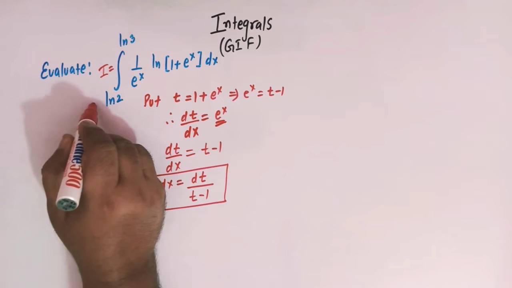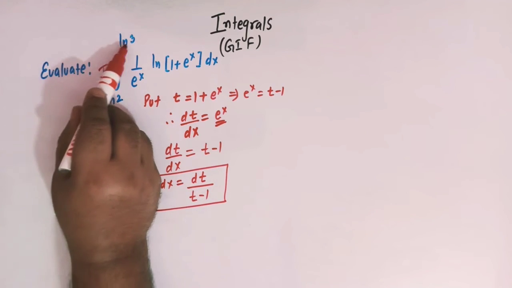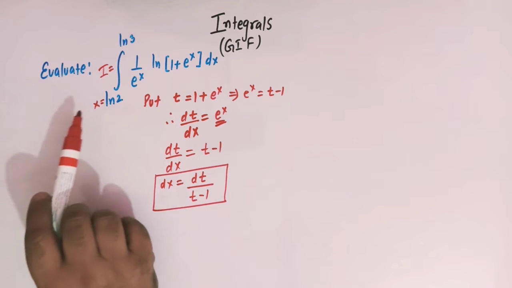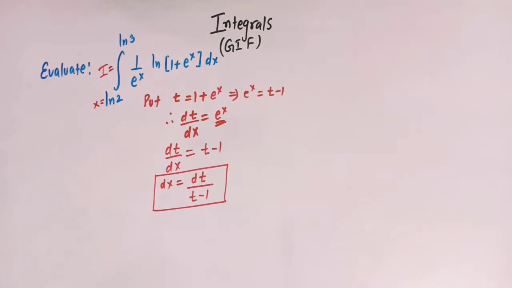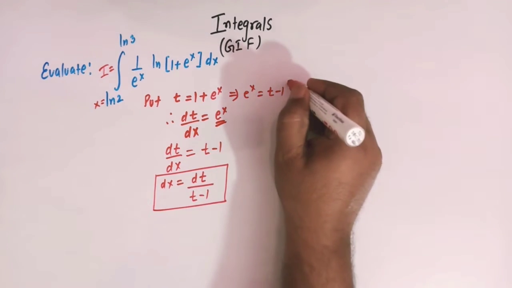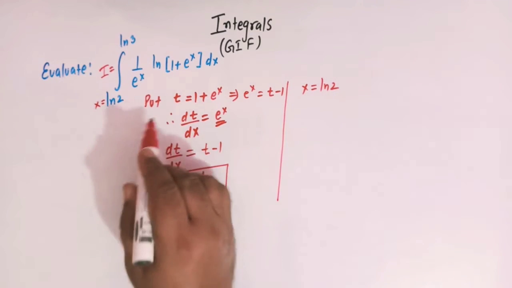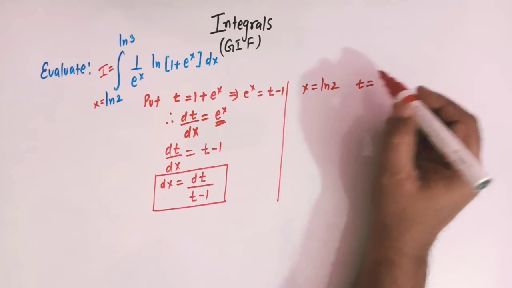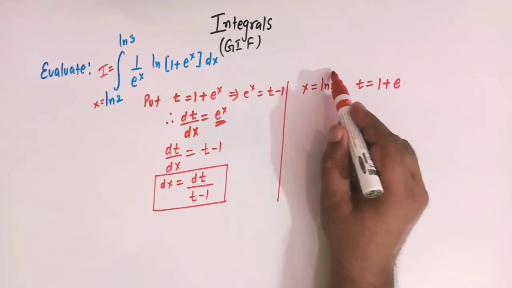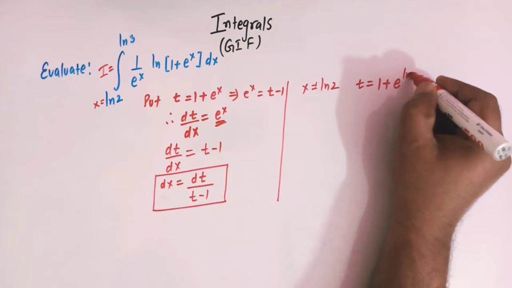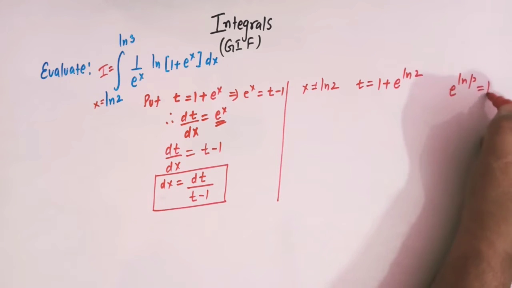Now the values of x vary from ln 2 to ln 3, so we'll convert these limits as we are converting this integral from variable x to variable t. So let us change the limits. When x is ln 2, t is 1 plus e raised to ln 2, and we know that e raised to ln p is always equal to p.